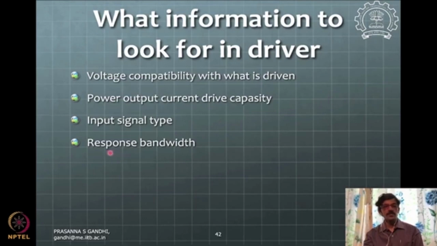But when it comes to very tiny systems like MEMS, the motion can be very fast at low speeds and low masses. Then the bandwidth of that motion can match the bandwidth of the controller, and that's where we need to bother about the response bandwidth of the controller.